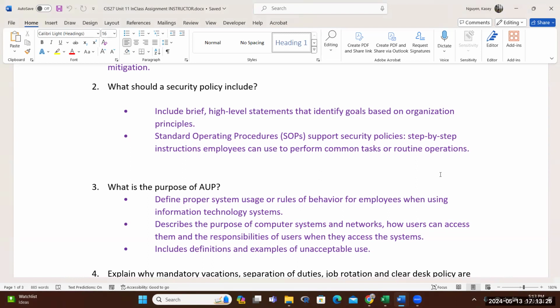So when we state it in the rules, we have to follow it up with the configuration on the system and the network. It needs to describe the purpose of those systems, how they can have access to those systems, and the responsibility of the users. And that is very important, right? Not just how the system is used, but the responsibility of the users when they access the system.